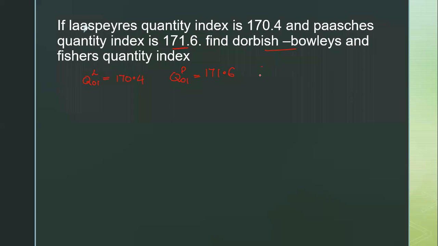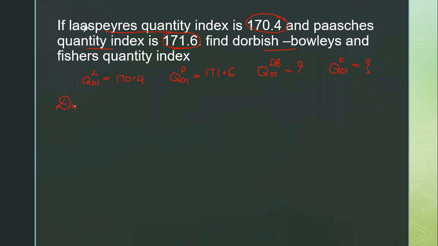Find Q01 under Drobisch and Bowley and Q01 under Fisher. You have to find these two. What information have they given? They have given us the Laspeyres quantity value, 170, and the Paasche quantity index, 171. So based on this information we have to find Drobisch and Bowley's quantity index and Fisher's quantity index.